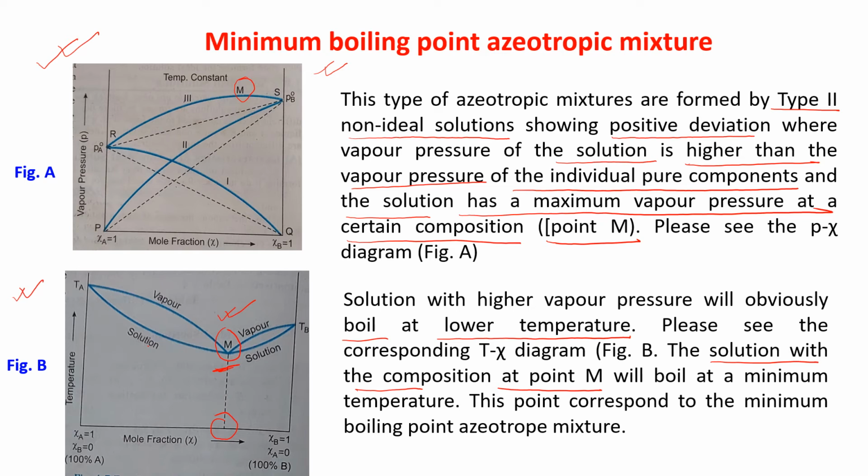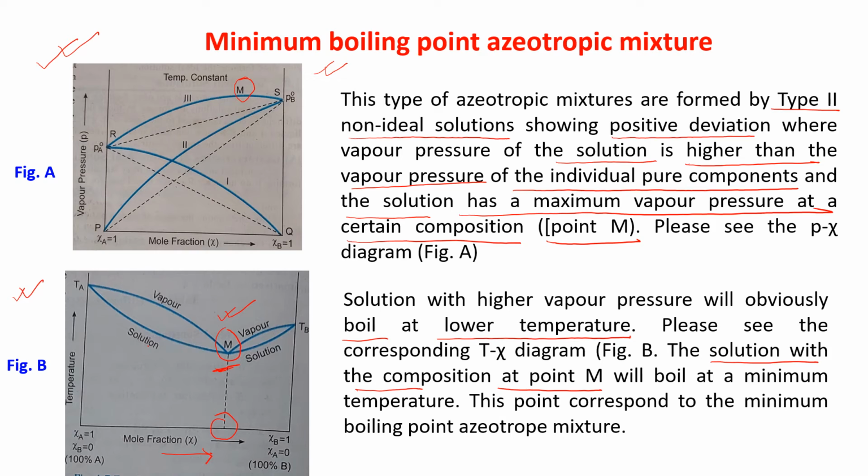This is an azeotropic mixture where the boiling point of the solution and the boiling point of the distillate, here the distillate means vapor, are both the same. So this is point M. This is the minimum boiling point temperature where the boiling point of the solution and the boiling point of the vapor are both the same, and for this particular composition, which we can get from the mole fraction axis, the x-axis.